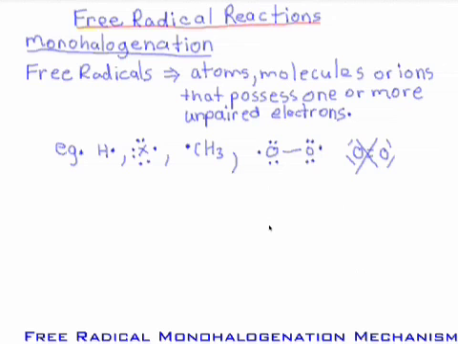This is often referred to as the chain reaction mechanism for free radical reactions. Now, a chain reaction mechanism always begins with what is referred to as an initiation step. So, chain reaction mechanism.